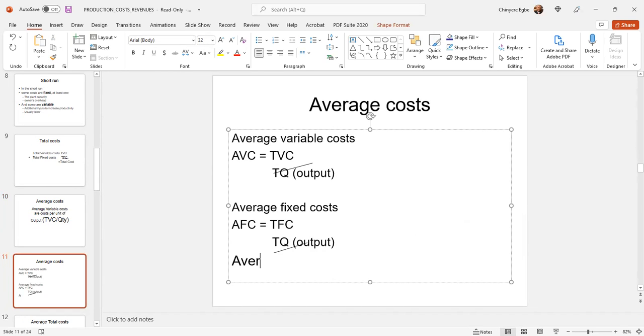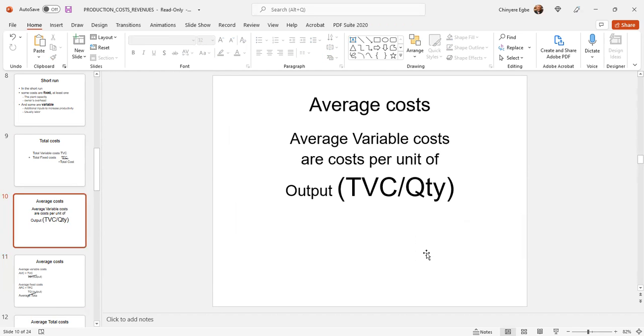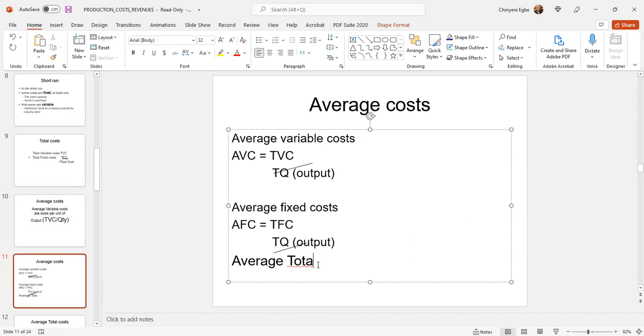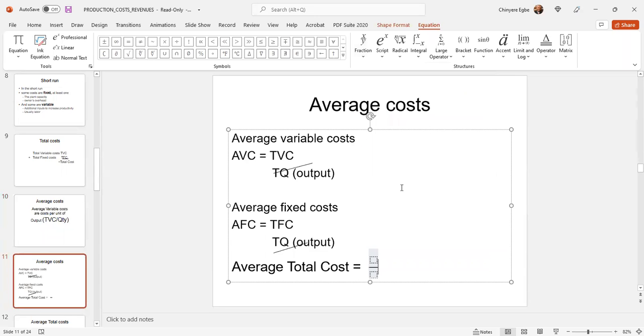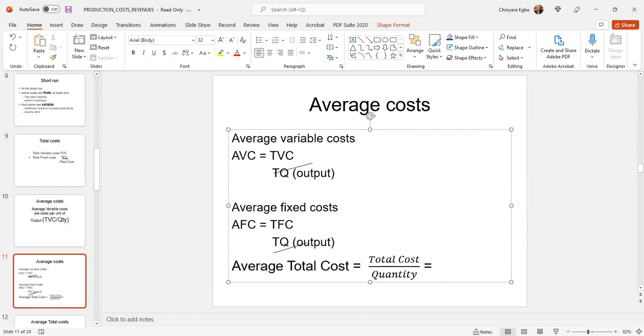So average total cost will be equal to total cost over quantity, which is total fixed cost plus total variable cost divided by quantity.